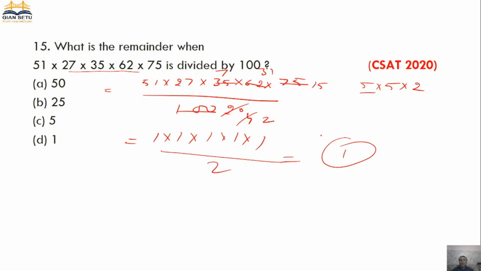Now overall, what is the remainder? Overall remainder will be 1 into 5 into 5 into 2, it will be 50. So right answer is A here.